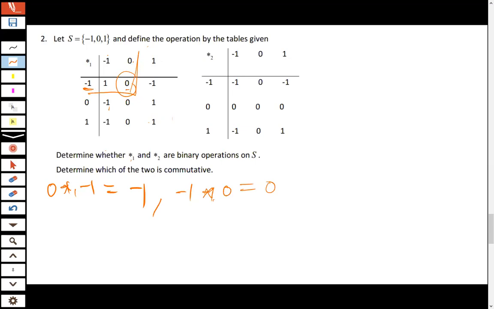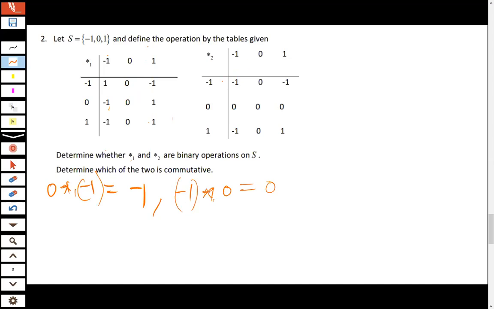The reason why it's not 0 is the reason why we're saying it's not commutative. If it was 0, we would have said it was commutative. But because 0 star -1 and -1 star 0 are giving us different answers, it is not commutative.